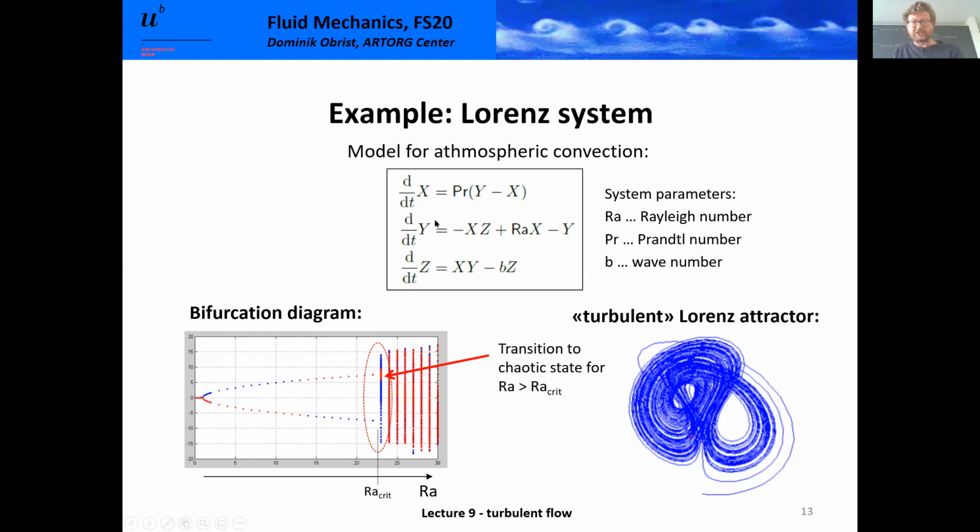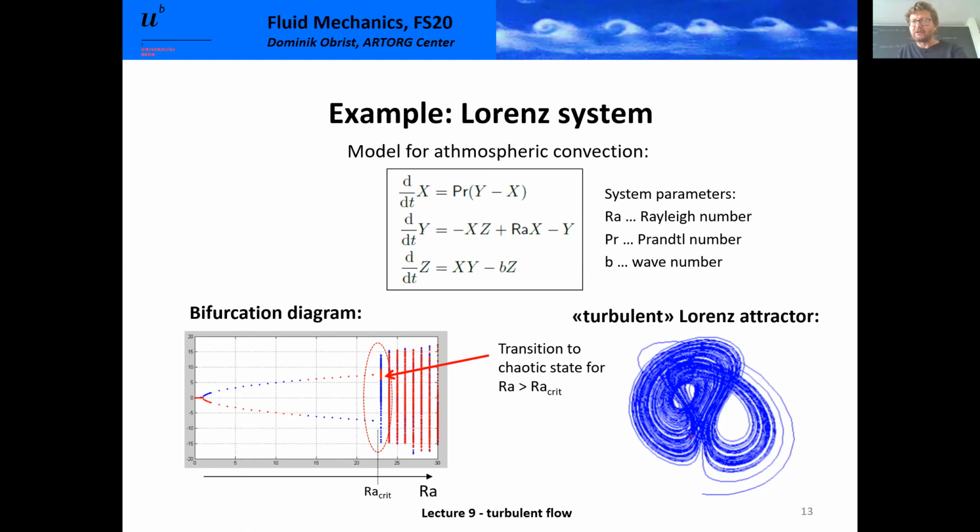And what is really special about these equations are these terms here, the xz term and the xy term. Why are they special? Because they are nonlinear terms. If the system was a linear equation, so there are no nonlinearities, no products of variables in it, the system would be rather boring. We would not see all that much.